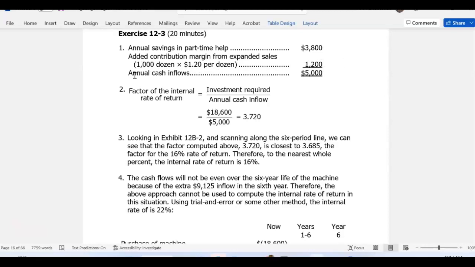So you see we have an annual cash inflow because of this new machine of $5,000. Okay, so the factor of internal rate of return is investment required divided by annual cash inflow. We need $18,000 investment divided by $5,000 cash flow. That gives us a factor of 3.720.